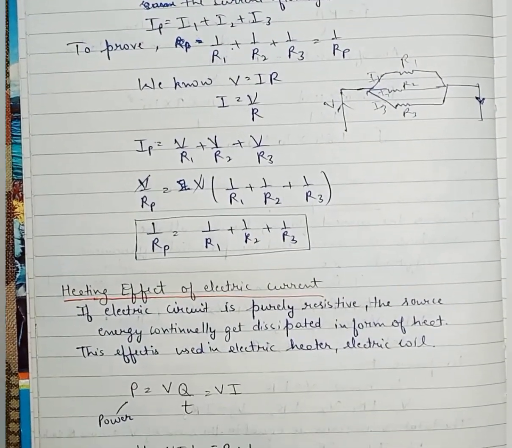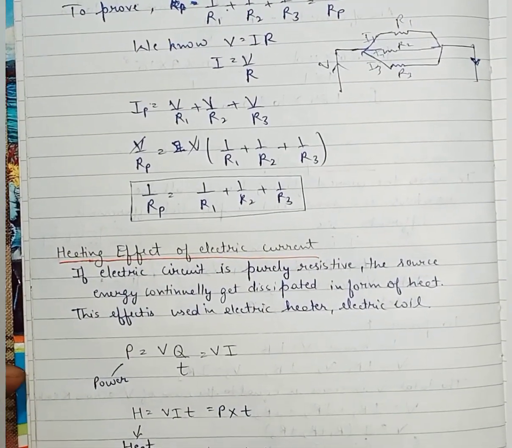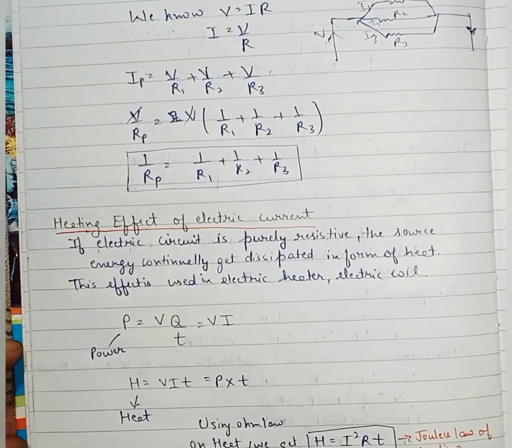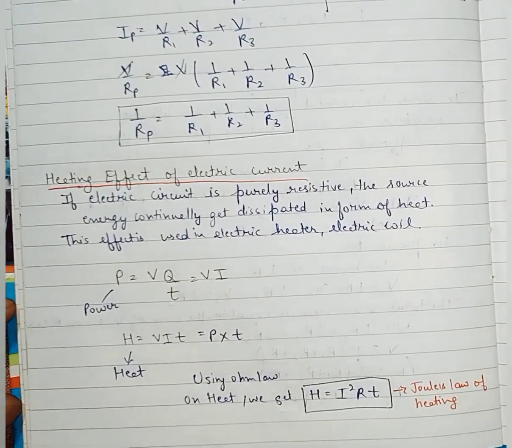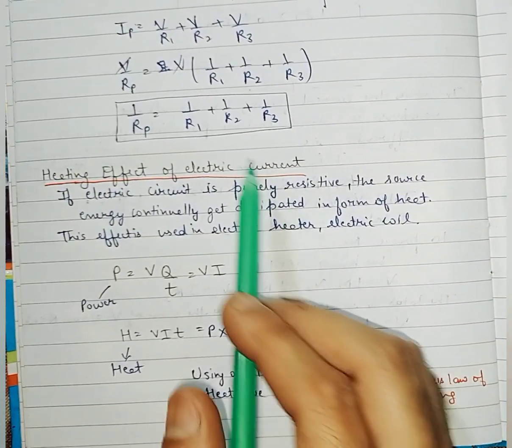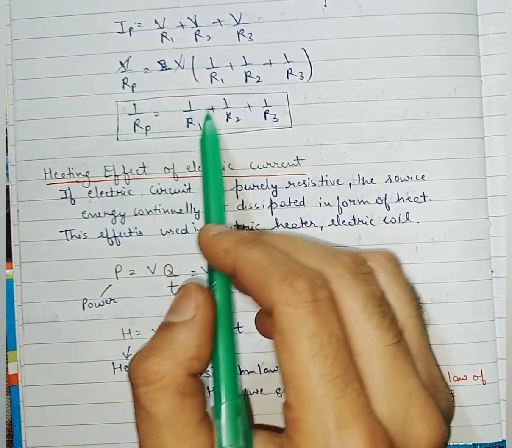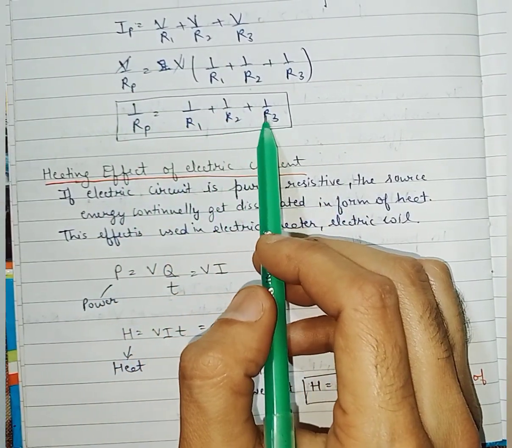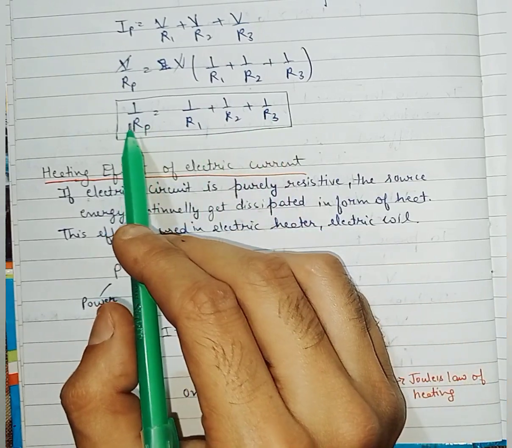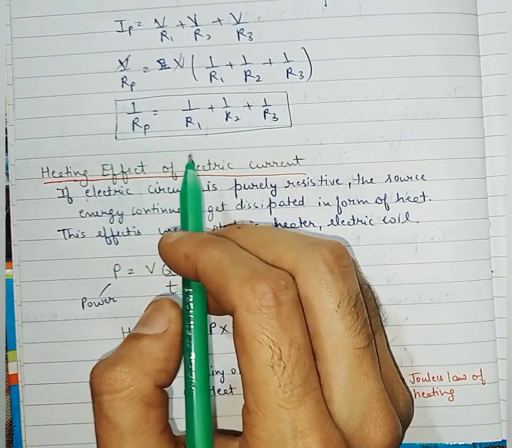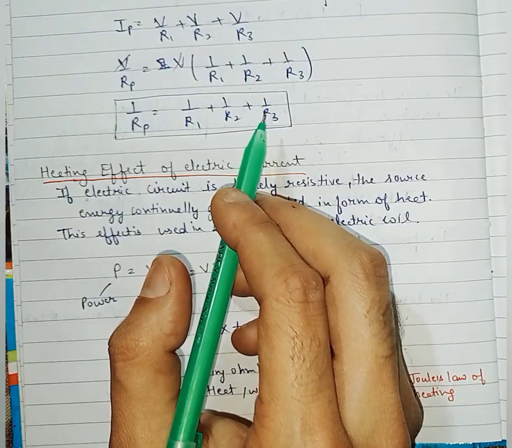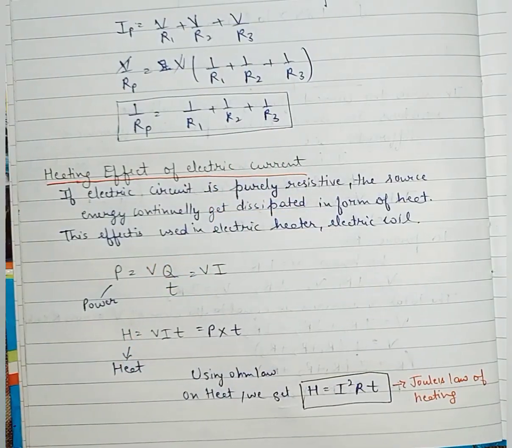And IP is also V by RP according to the formula. So V and V will cancel, and 1 by RP equals 1 by R1 plus 1 by R2 plus 1 by R3, and this is the form of the parallel combination of resistors.